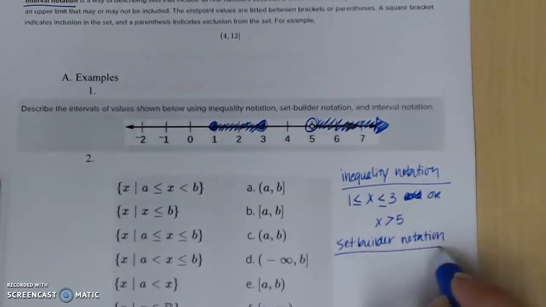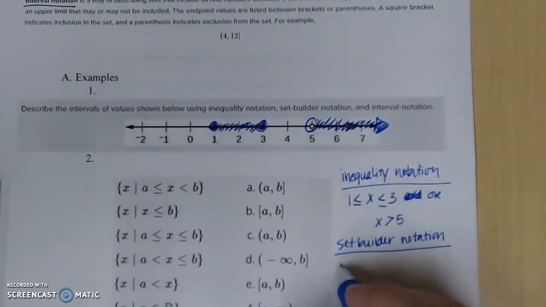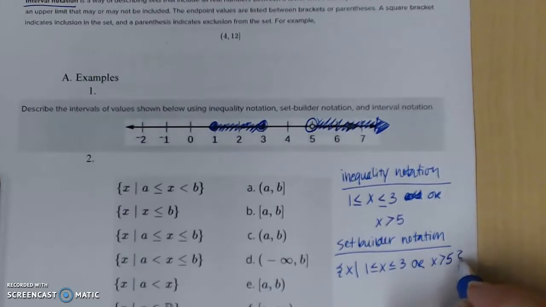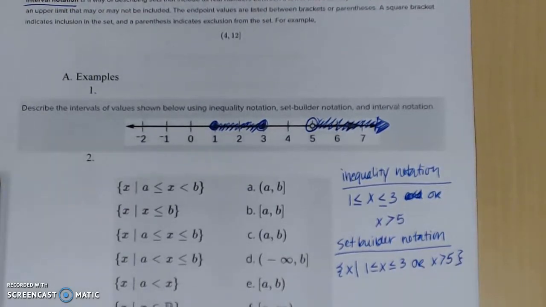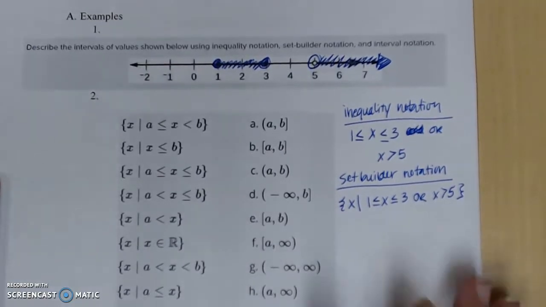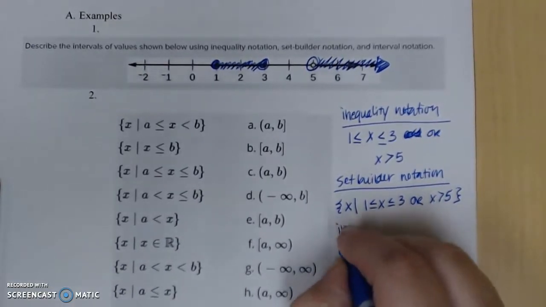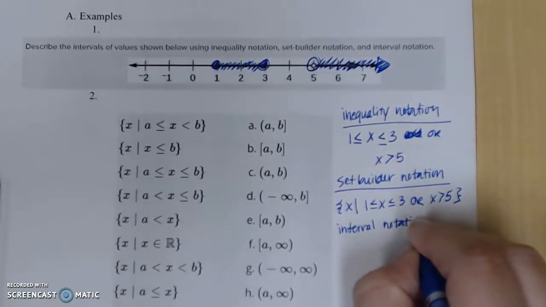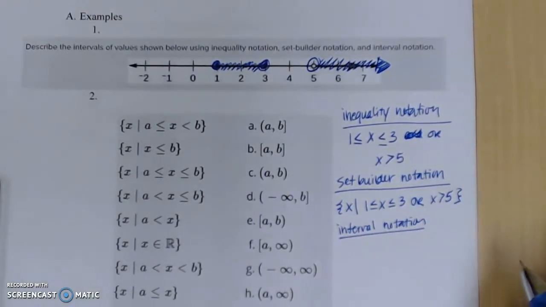In set builder notation, we're going to use the inequalities, and we're going to say X such that it is between 1 and 3, including 1 and 3, or X is greater than 5. You can see knowing your inequality notation helps you to set up your set builder notation. And then the last one is our interval notation, and it's probably the most compact of all three.